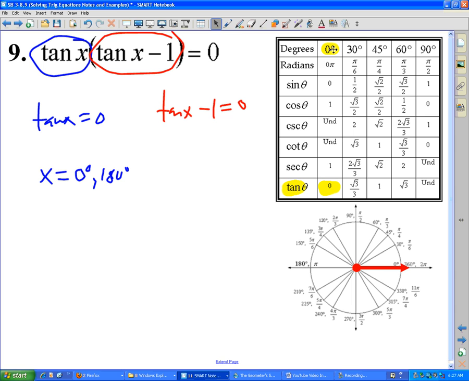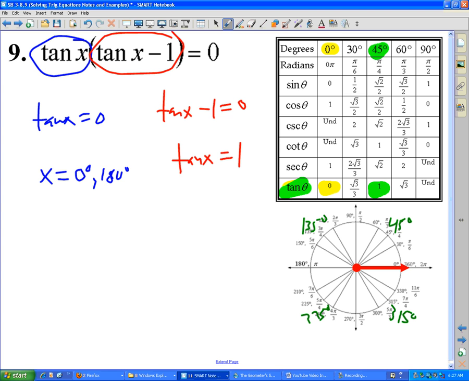What about this other one? Well, if I add 1, I'm really asking where is tangent of x equal to 1? If we look at tangent again, and we say where is it equal to a ratio of 1, this time we're talking about 45 degree reference angles, and the 45 degree reference angles are 45, 135, 225, and 315.